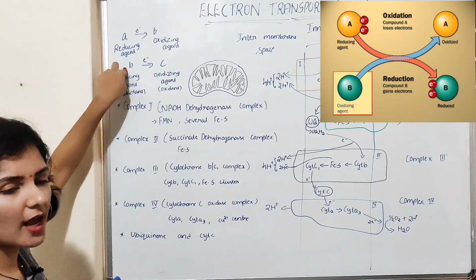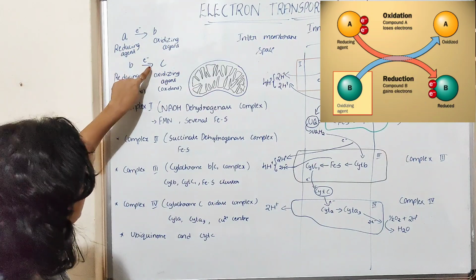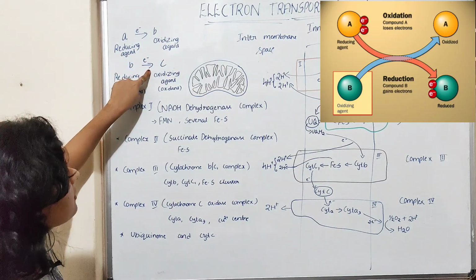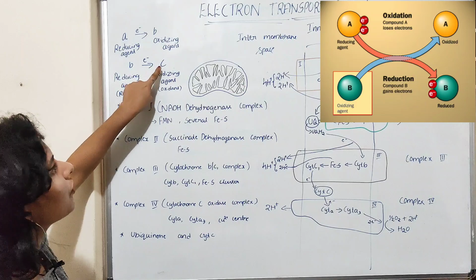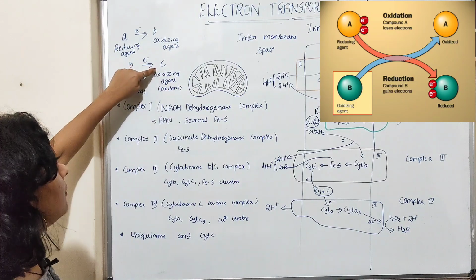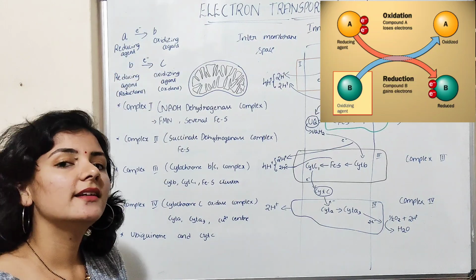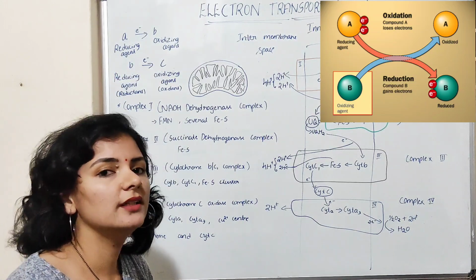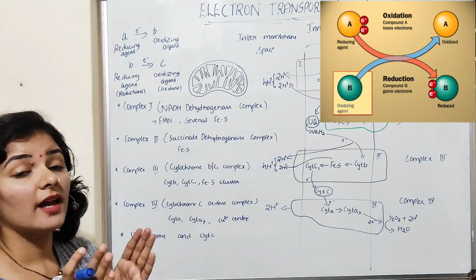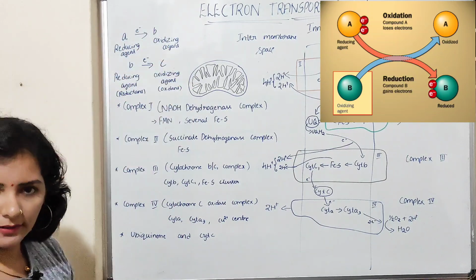Now this B, which has an electron and is ready to donate it, has donated, or gets oxidized, and it donated the electron to C. So thereby C received that electron and becomes reduced. So now C has an electron and it is ready to donate that electron to the next carrier molecule. So that's how electrons are transported from one carrier to another carrier.